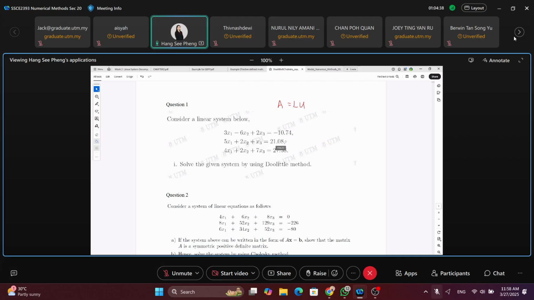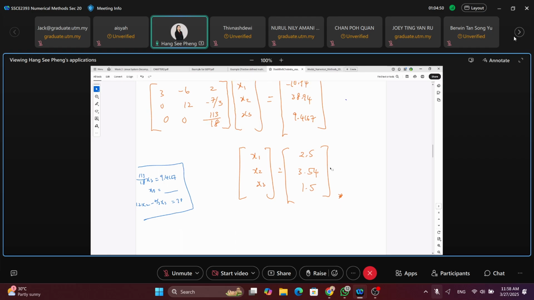Or you want to do a quick check. I don't want to substitute one by one. Just solve this system using a calculator and compare the answer from the calculator with this answer evaluated by the Doolittle method. So this is the way you check the answer.